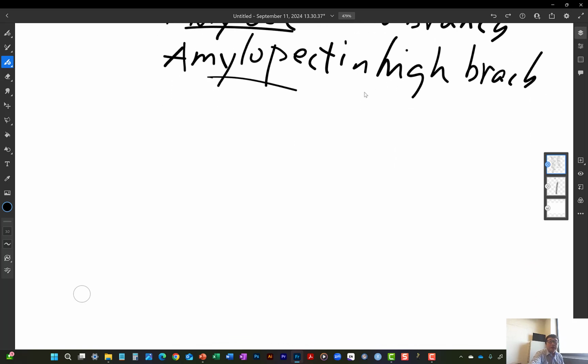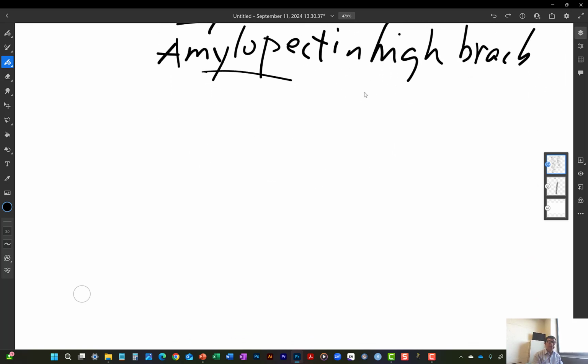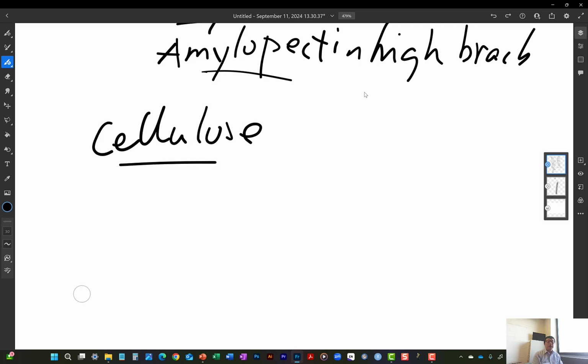Next, let's talk about another molecule called cellulose. Cellulose by itself is kind of soft, as everybody has used tissue paper. Tissue paper is made of 95 to 100% cellulose.